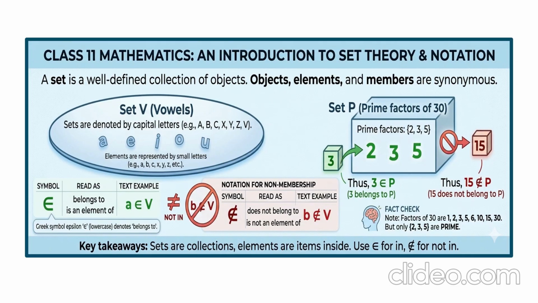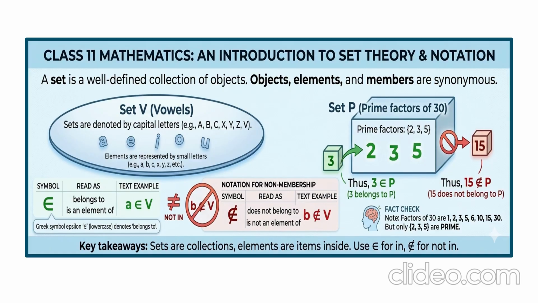If we are talking about the vowels and we want to know whether A belongs to the set of vowels or not, how can we write it? As we know, A belongs to vowels, so we'll write A, and in between the symbol which looks like E, then capital V. It shows A belongs to the set of vowels.